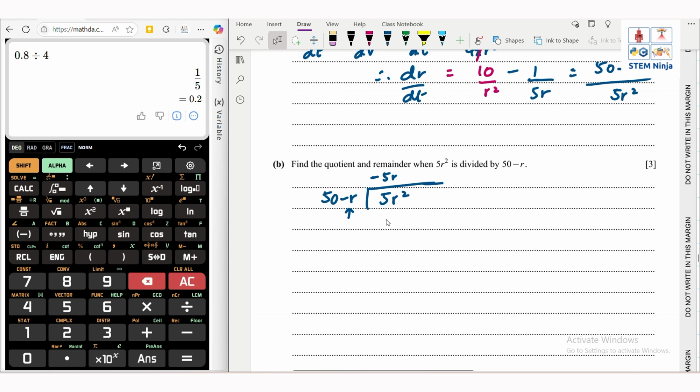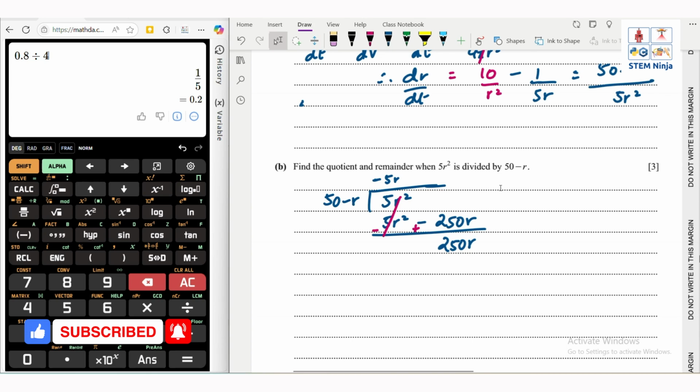So we get 5r squared, and then 50 minus 5r, that would be 250r. So minus plus, that would be 250r.